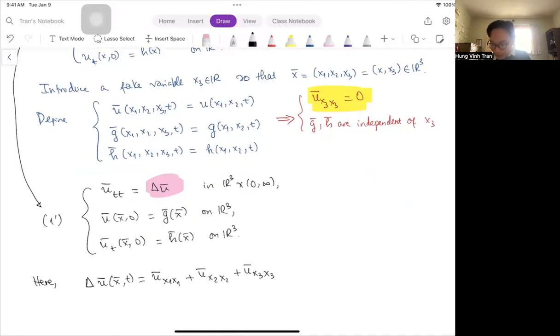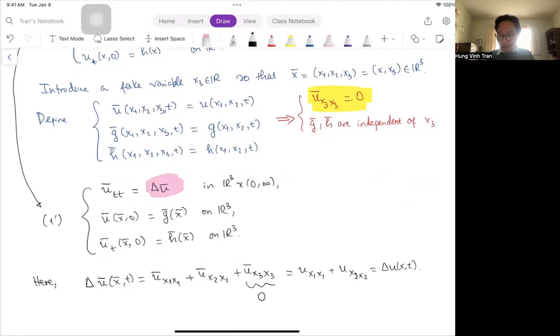But this last one is equal to 0, because there's no such x3 variable in u. So this equals just u x1, x1, because u bar equals u effectively, plus u x2, x2, which is exactly the Laplacian of u in 2 dimensions. Again, we introduce a ghost variable to lift the problem from 2D to 3D.